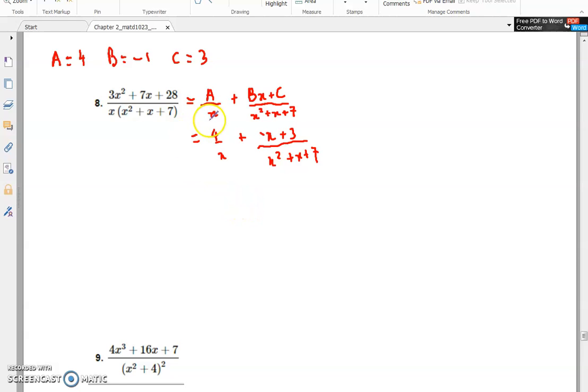So here this is the value of your partial fraction.